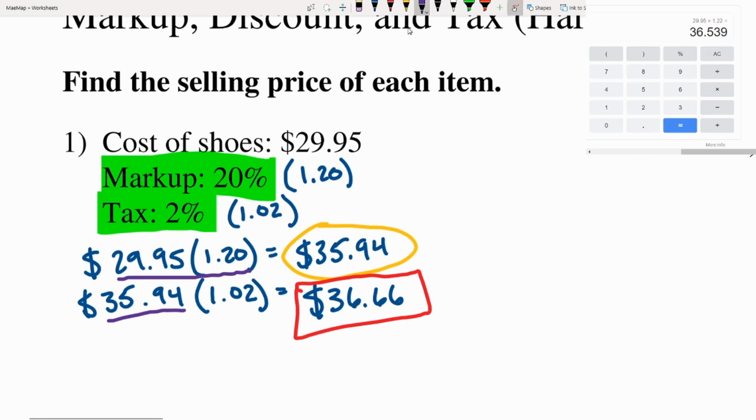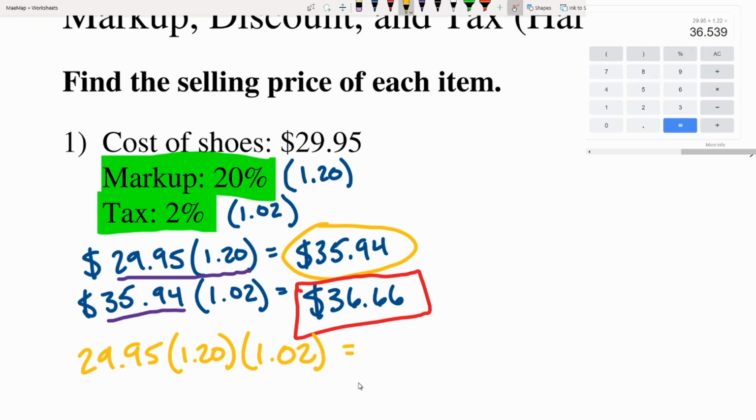I'd have my original purchase price of $29.95 multiplied by 1.20, because that is $35.94, and then I'll multiply that by what's left, which is 1.02.